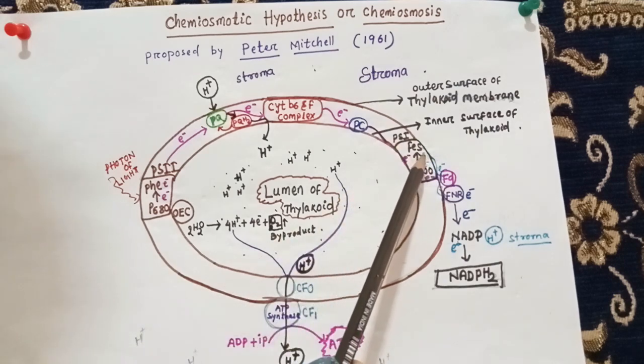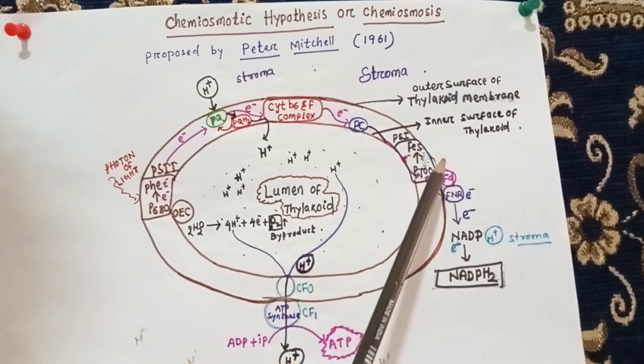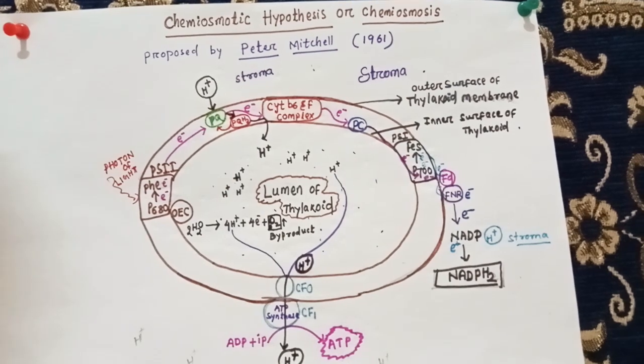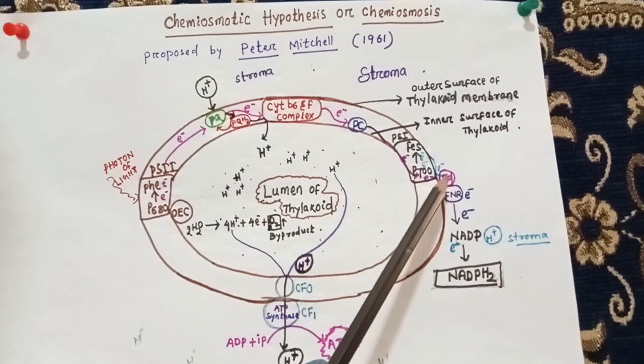Then the electron from the iron sulfur protein is accepted by ferredoxin, and ferredoxin is present on the outer surface of the thylakoid membrane towards the stroma.